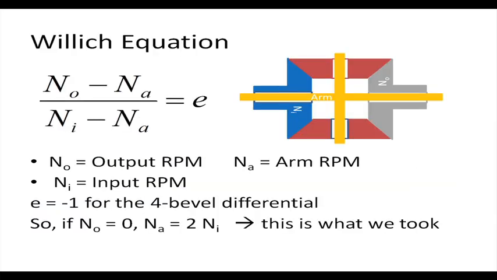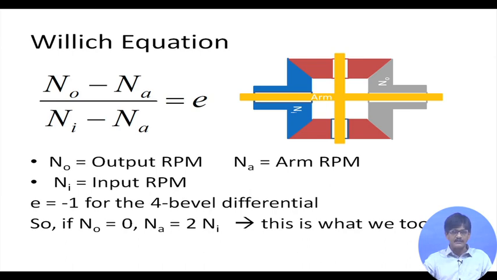Next, the Willis equation, whatever be the pronunciation, I am not very sure. The 4 bevel differential. What did we do when we came across this particular mechanism? We divided it up into 2 different cases.